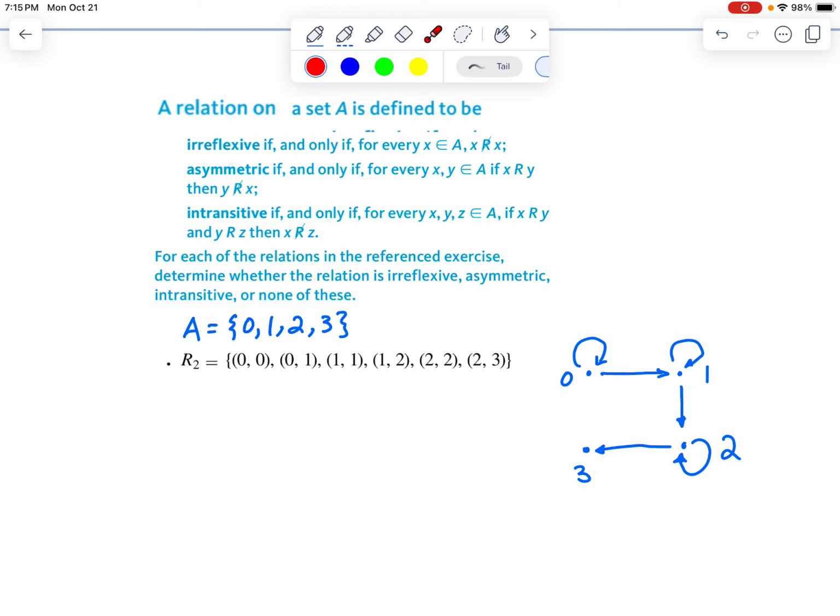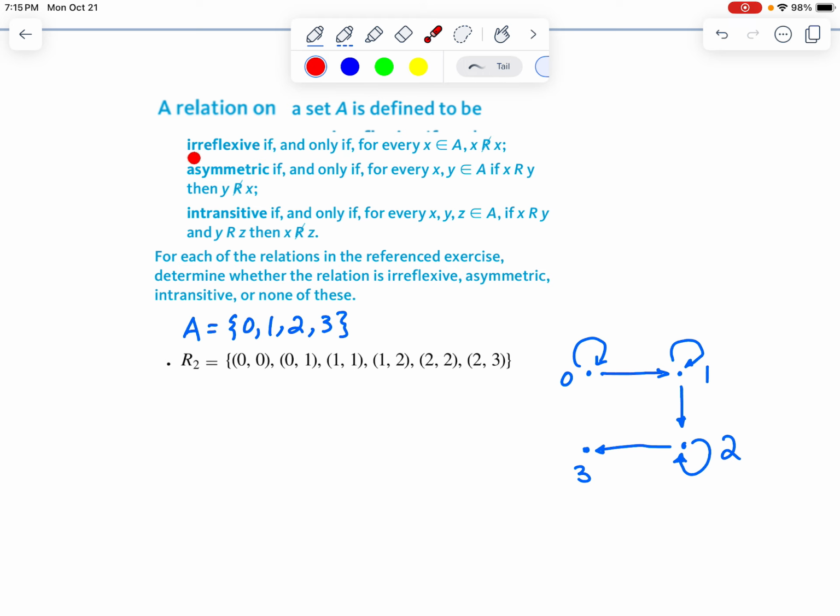Now our task is to determine whether each of the following is true in this relation. So let's read through that. The first is irreflexive. That means it's not reflexive, right? If you remember, reflexive is x is related to x.